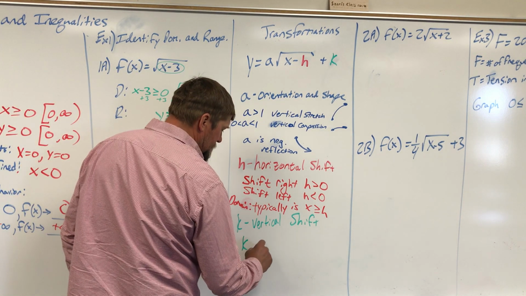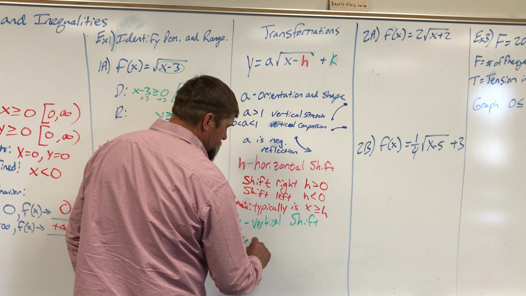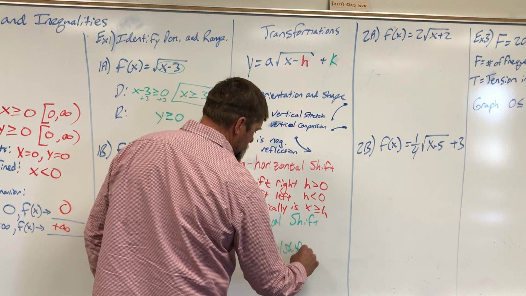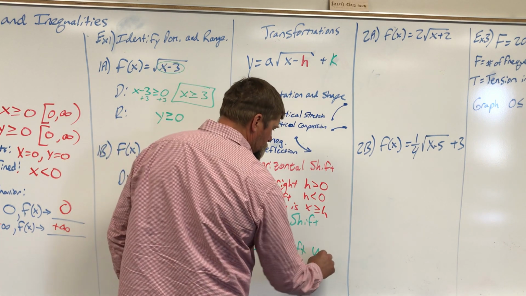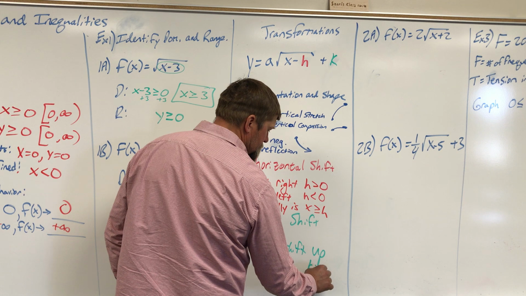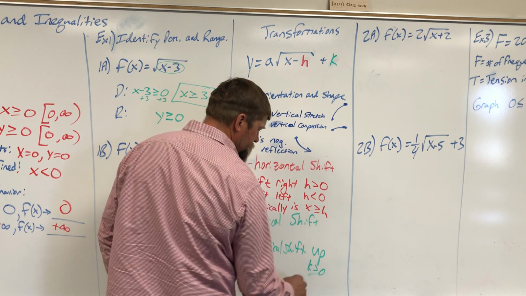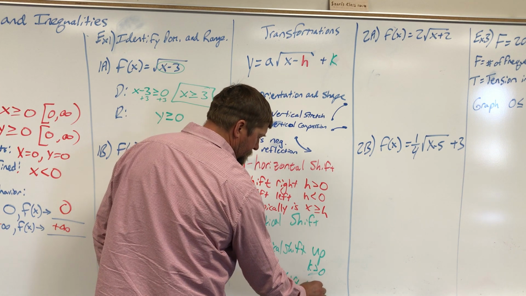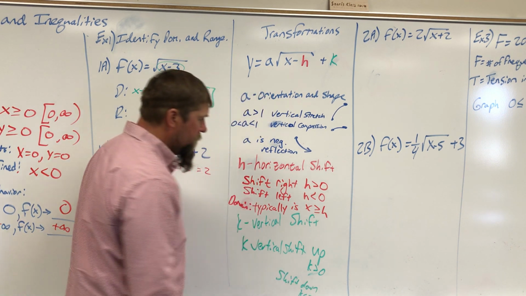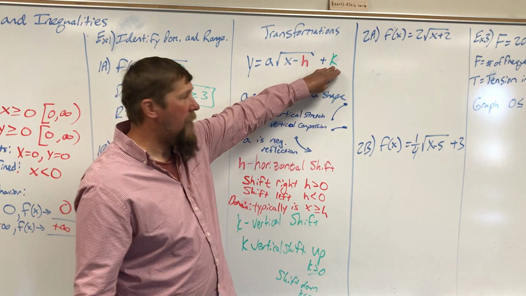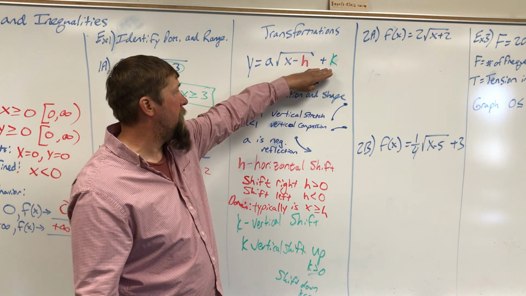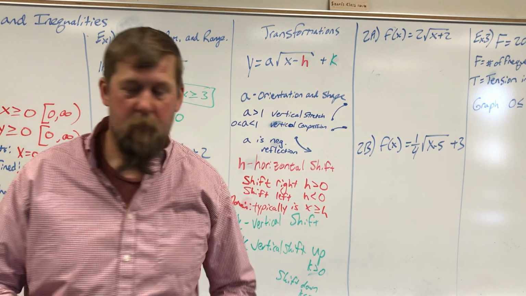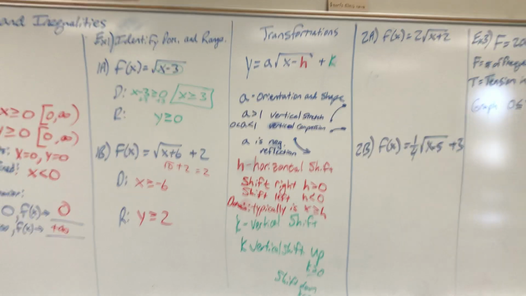So k is the vertical shift up when k is greater than 0, and of course shift down when k is less than 0. So if you're adding something that's positive here, you're going to move up on the parent function. If it's negative, like a minus, you're going to move down. Okay? So hopefully that makes sense.